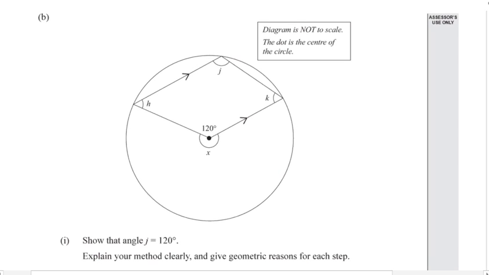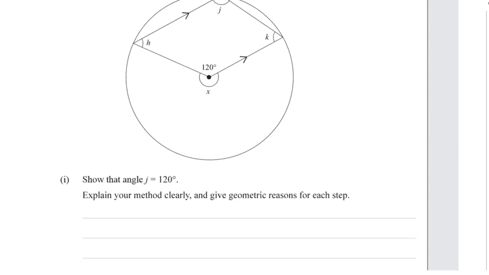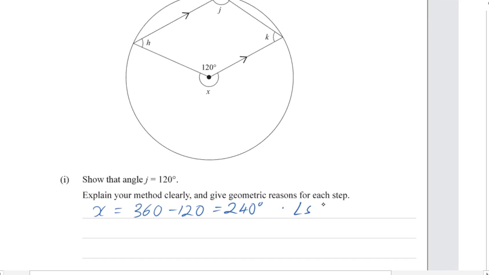Alright, question 3, or part B. We're on to a different question now. Show that angle J is 120. Okay, so we'll start with angle X. Can anyone tell me what angle X is? 240, because it's 360 minus 120. And because angles around a point are 360.